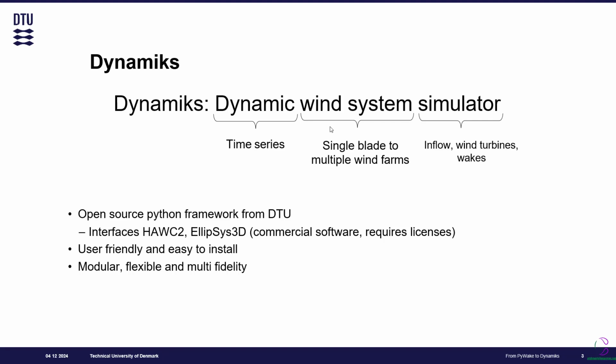But then you now have Dynamiks. Dynamiks is a little more improved than PyWake. Dynamiks looks at calculations in time series, so it doesn't just give you a calculation at one point in space. Dynamiks gives you calculations based on multiple reference times. For example, it could give you values at 2.5 seconds, at 10 seconds.